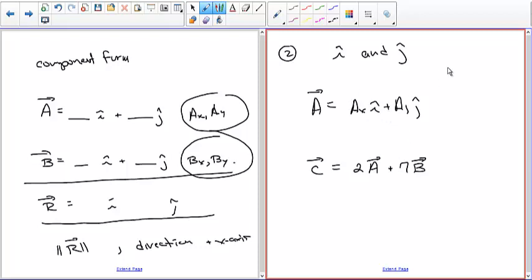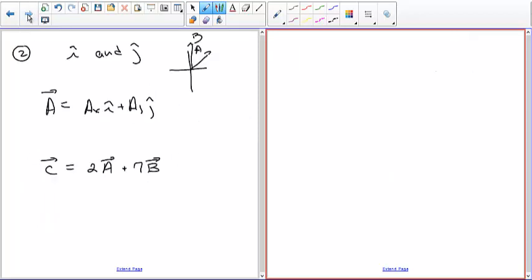Again, you're given some magnitude and direction for vector A and some magnitude and direction for vector B. Then you break it up into the components, and I want you to be able to represent them in i, j notation and do the appropriate multiplication by a scalar and/or addition or subtraction.